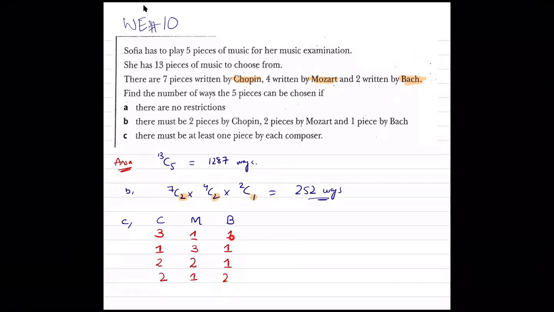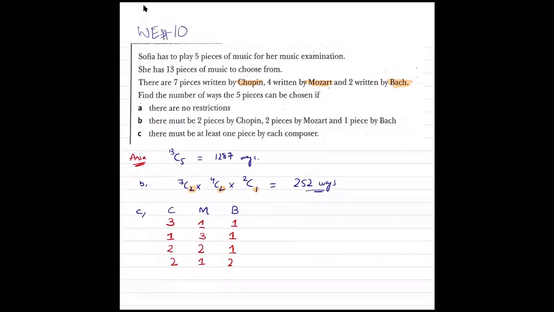No, it cannot be three for Bach because Bach has only written two pieces. Okay, there is one possibility left. What can that be? Two for Bach, two for Mozart, and one for Chopin. Yes, right. So now I've exhausted all the possibilities.